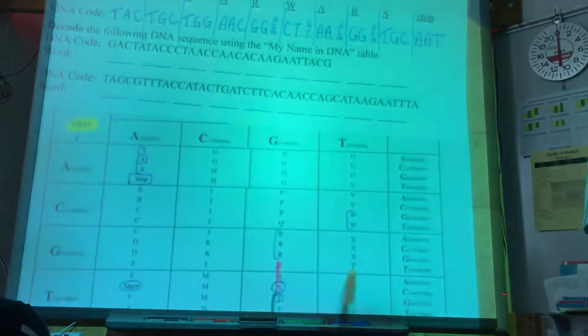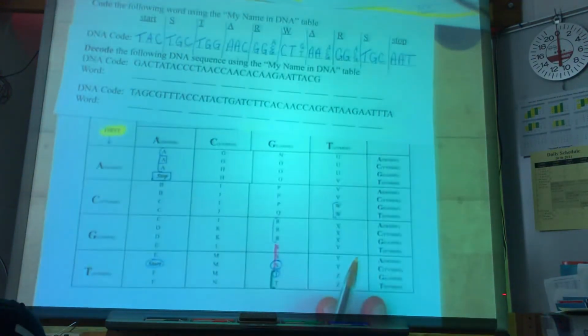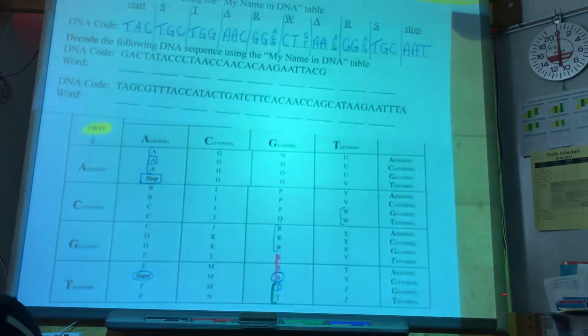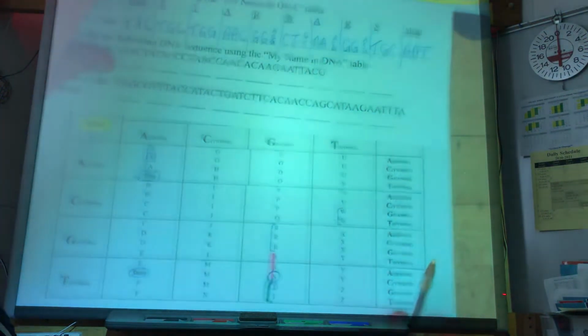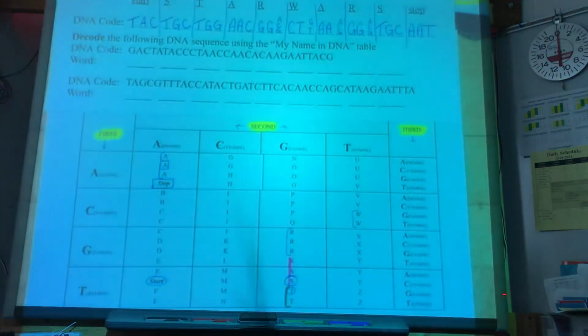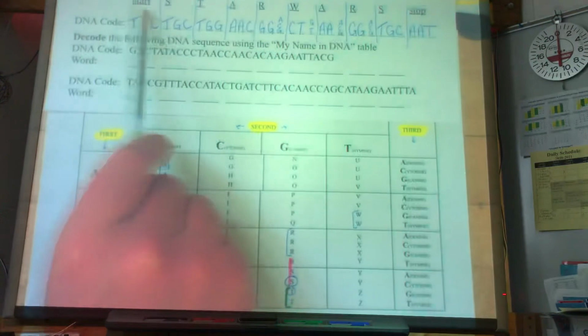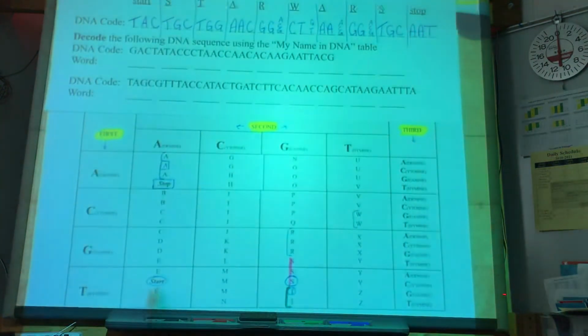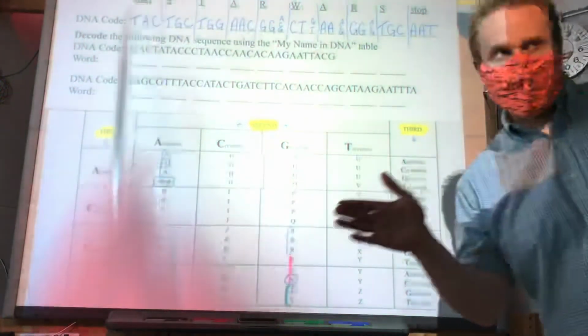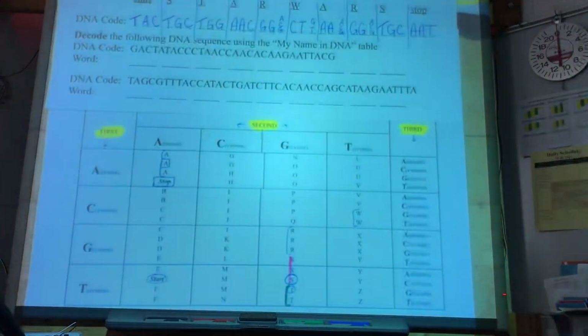However, do you start spelling your word with the letter D? Do we start spelling a word with the first three-letter combination that comes across? No, in order to know when to start, we need to have a start codon.